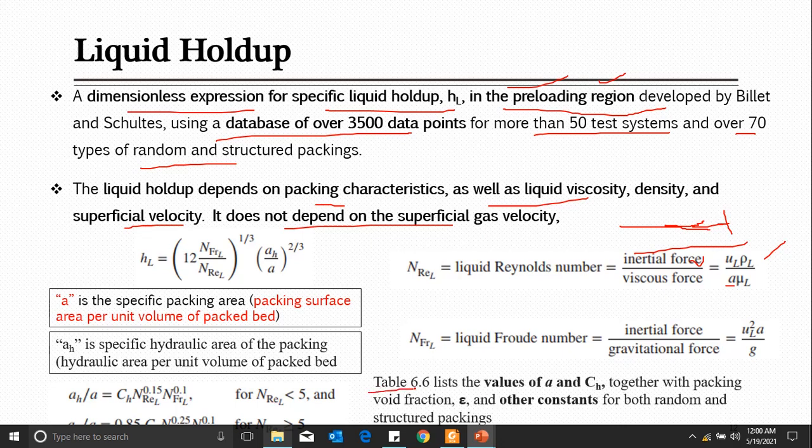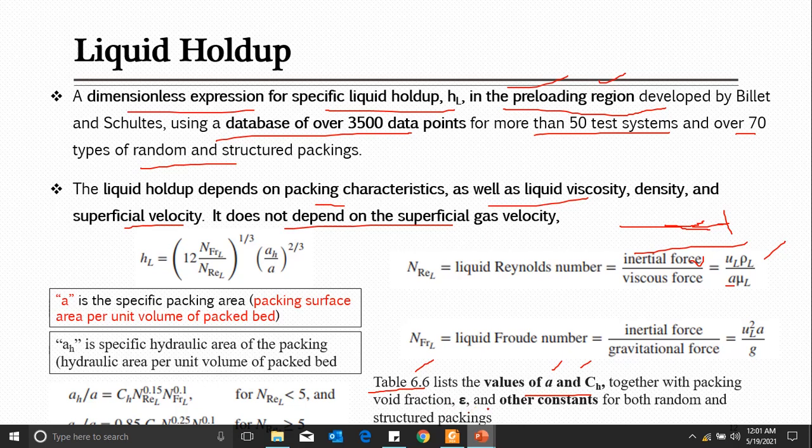In your textbook, table 6.6 lists a number of parameters related to different packings, random and structured. We will look at those; you can directly find values from the tables and use them for the calculation.